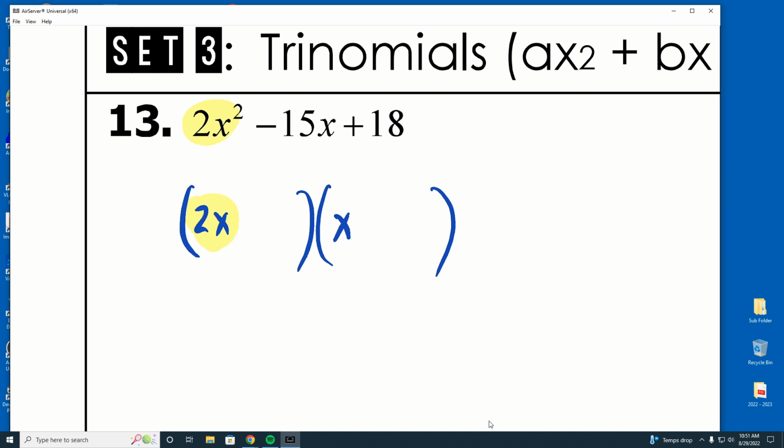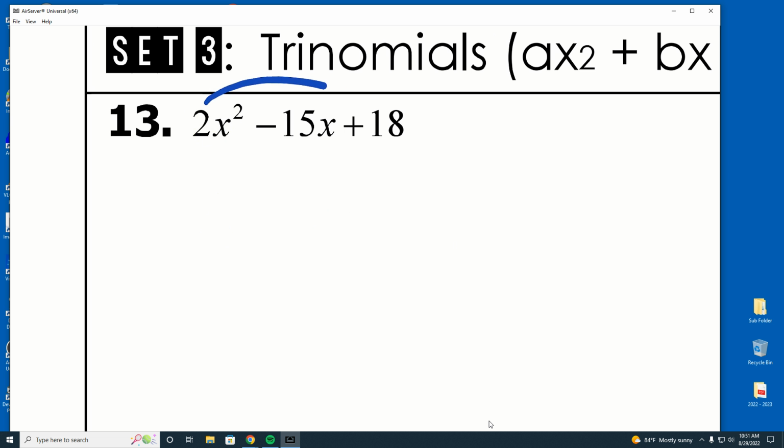Okay, so here's the method that I have seen that I think is actually pretty good, because it's consistent and you don't have to think through all of your different possibilities of factoring. It's called over-under. Here's how you do it. You take this A value and multiply it by the C value. What is 2 times 18? 36.